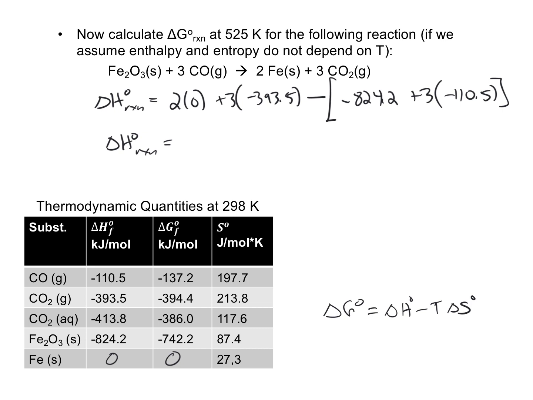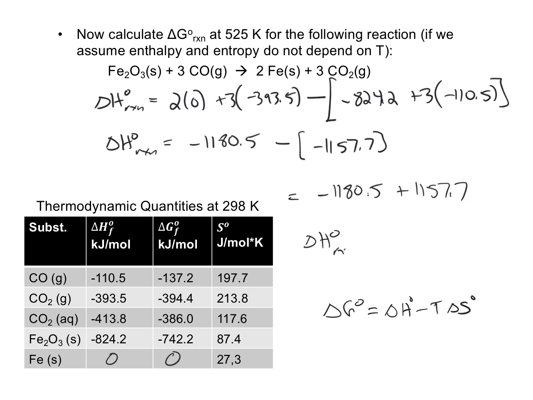And so then 3 times negative 393.5, I'm getting negative 1180.5. And then minus, when I add all that up inside the bracket, I'm getting negative 1157.7. And then again, negative 1180.5 minus a negative is a positive, so I have plus 1157.7.